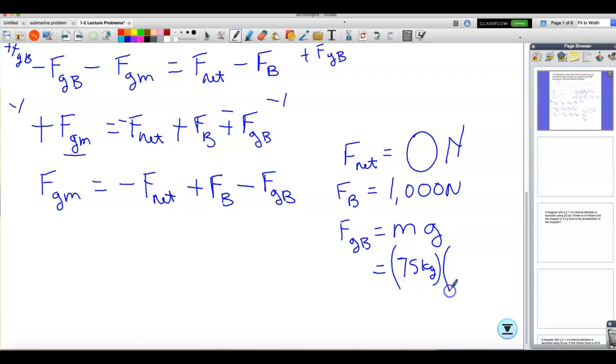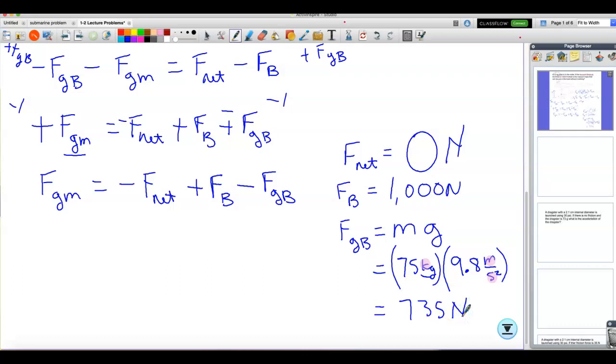Remember, you need to memorize that: 9.8 meters per second squared. That's the gravitational acceleration on Earth. So 75 times 9.8 meters per second squared works out to be about 735 kilogram meters per second squared, and a kilogram meter per second squared is a newton.